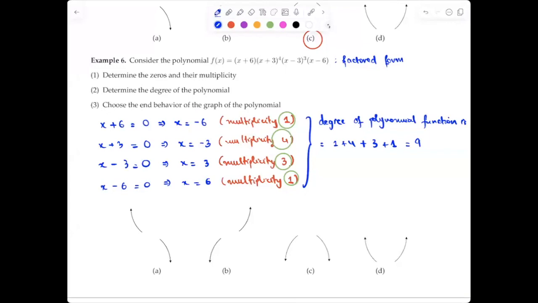Also, you look at the leading coefficient of the polynomial function. In this case, you have positive 1. It doesn't have any number in front of x plus 6, but it tells you that the whole factored form is multiplied by 1, which is a positive number. So positive leading coefficient with an odd degree polynomial function. Therefore, the choice is going to be B.